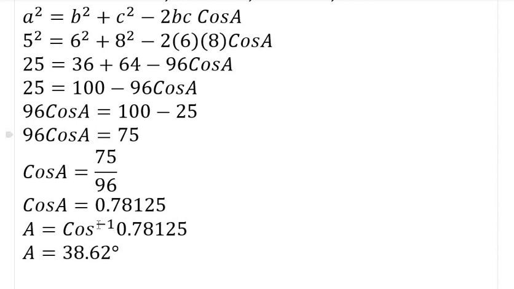Great. So because we're actually looking for angle A and not cos A, we look for the inverse of what we have here. So our A is now standing alone, so we will now look for the inverse.